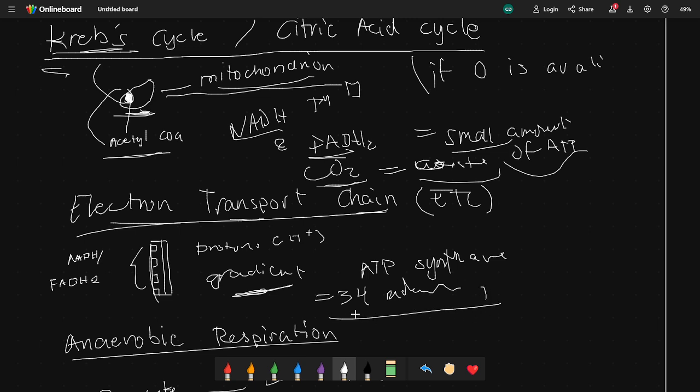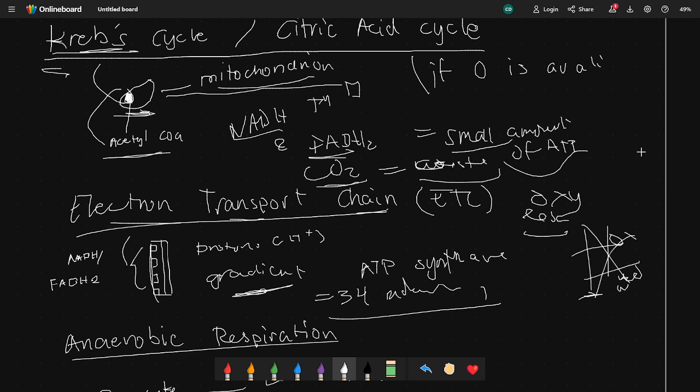Oxygen is very essential here because it accepts the electrons at the end of the chain, where it forms water. Without oxygen, the entire step stalls, the whole process completely dies out.